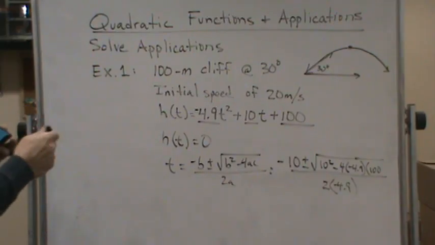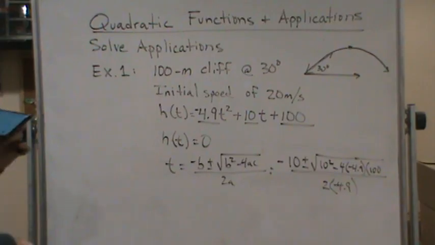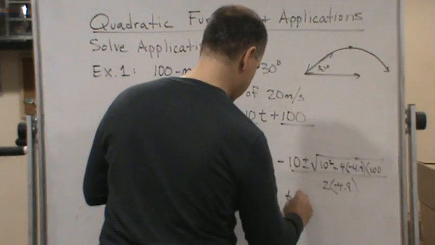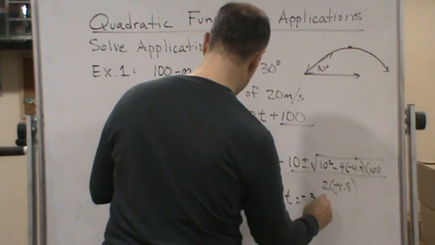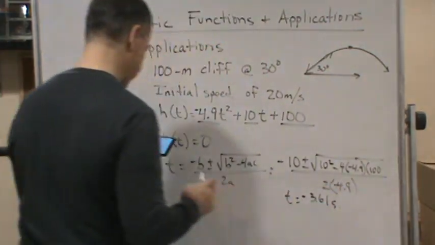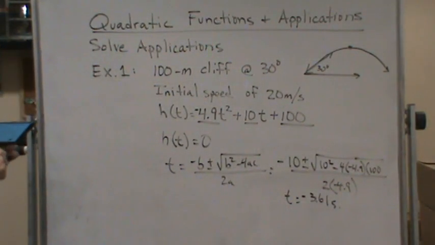And so we got negative 3.61. So we got t equals negative 3.61 seconds. But we have two answers here. So let's do the second one.